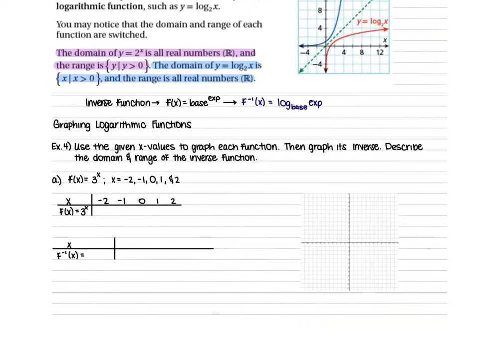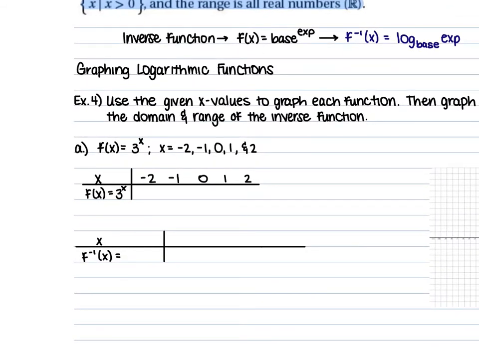So if we look at the first example, we have f of x equals 3 to the power of x, where x is negative 2, negative 1, 0, 1, and 2. We have to find f of x, or y. 3 to the power of negative 2 is 1/9. 3 to the power of negative 1 is 1/3. 3 to the power of 0 is 1. 3 to the power of 1 is 3. 3 to the power of 2 is 9.